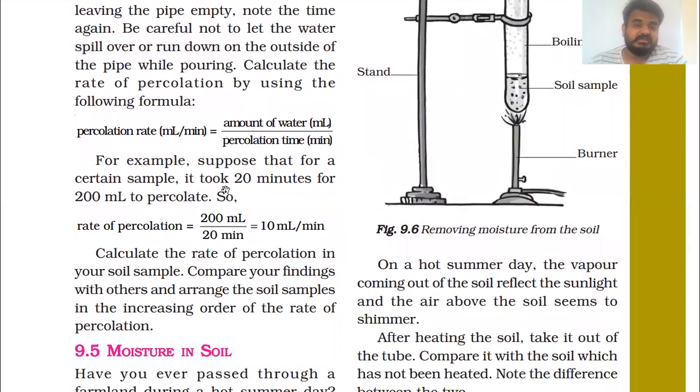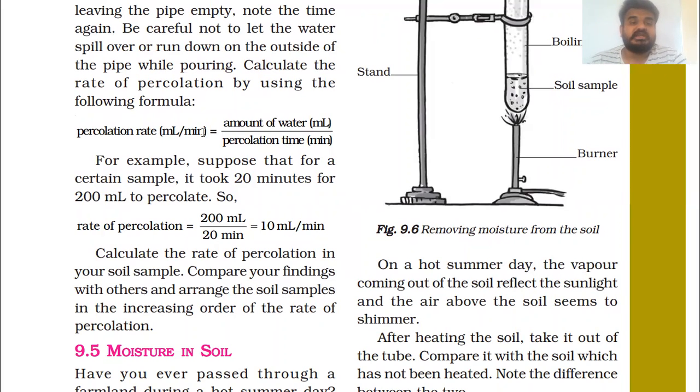See, here we have the amount of water, which is 200 ml, and the percolation time. If we are performing this activity, then we can note both of the times, whenever we start and whenever we complete.